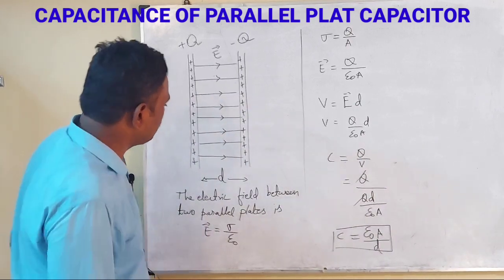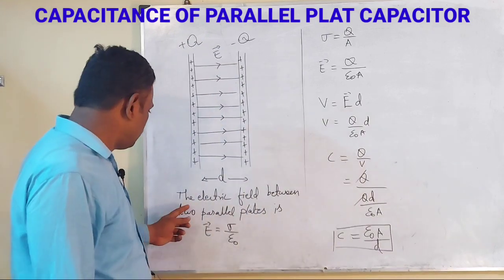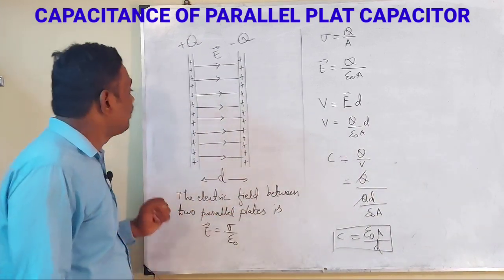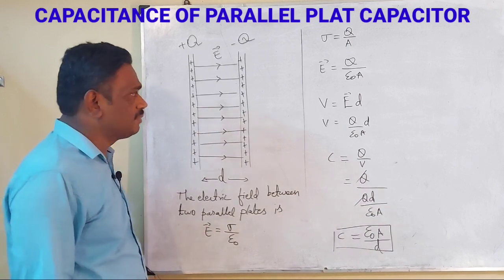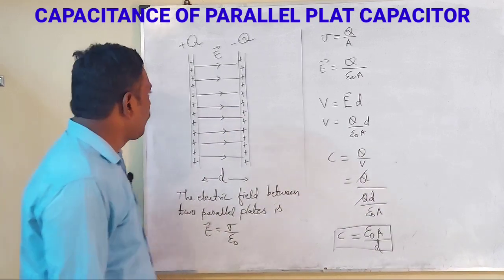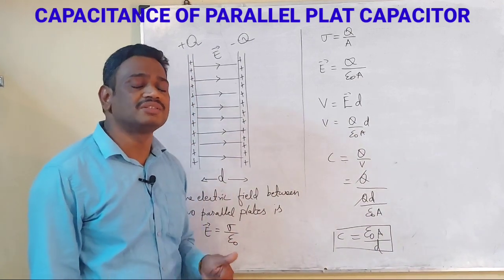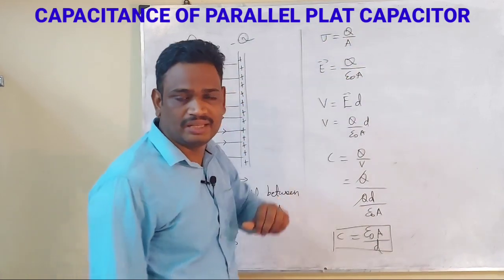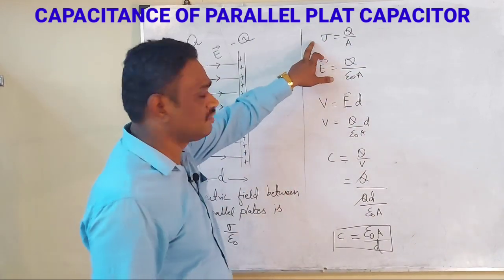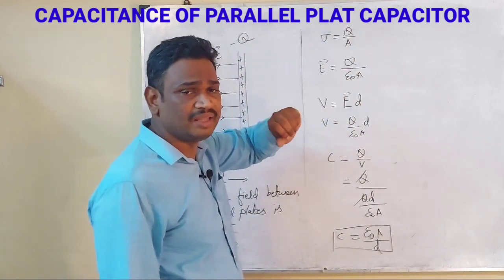In the Gauss law application we already studied that the electric field between the two parallel plates is equal to sigma by epsilon naught. Here sigma is the surface charge density, which is defined as charge per unit area.